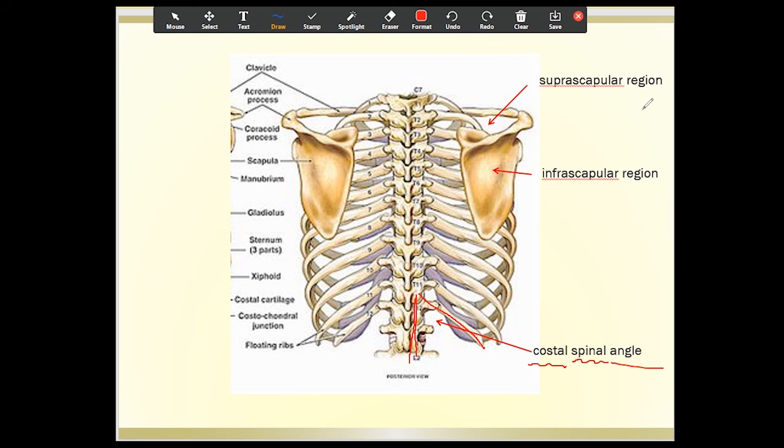So basically we just follow the anatomy or bone names, and then we name it. These are special anatomy locations, and clinically, if you find something, you look for the anatomy name.